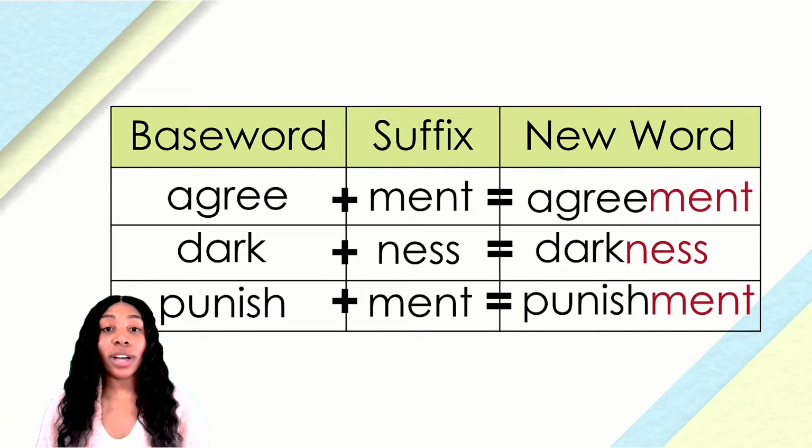Punishment is what results when someone is being punished. Go ahead and write the word punishment on your paper. Once you're finished writing, I want you to hit your favorite dance move for all your hard work.